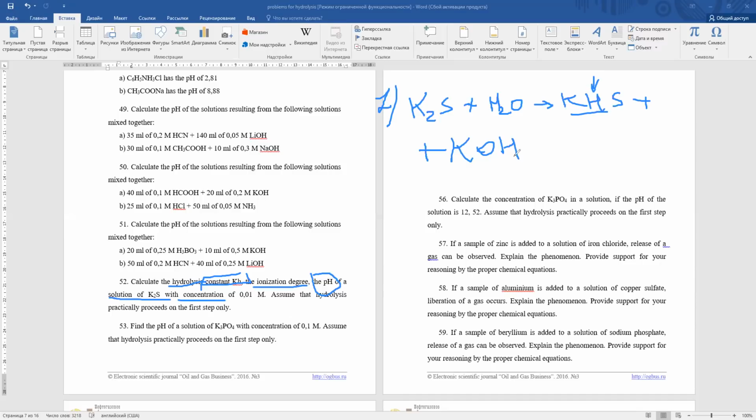So imagine B mole forms, and salt 0.01 minus B remains, and the Kh equals B squared divided by 0.01 minus B, equal to this.